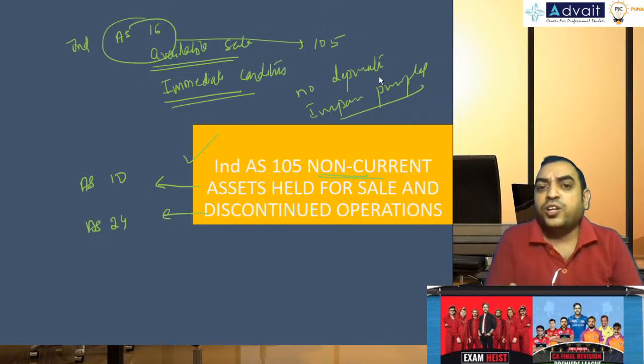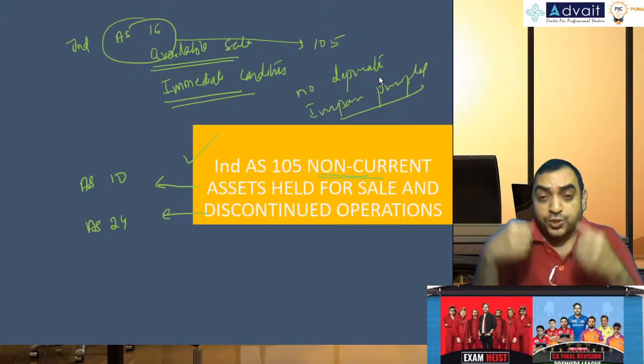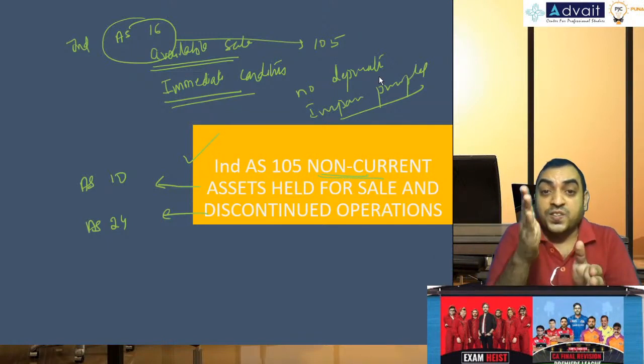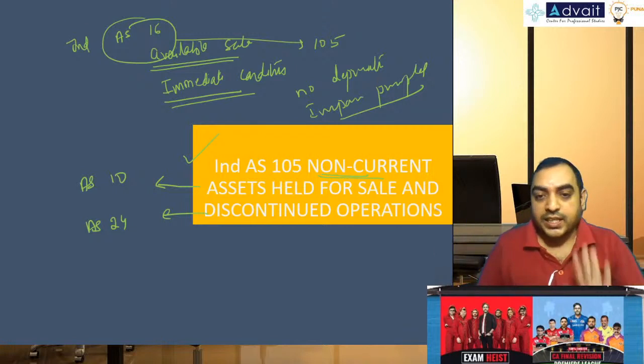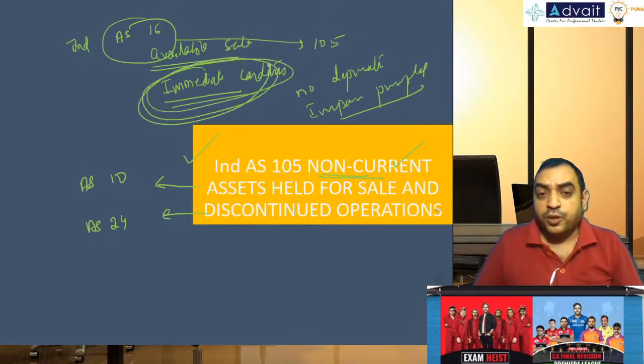The recoverable amount cannot be value in use because you are not intending to use it. It can only be fair value less cost to sell. So once the asset comes to Ind AS 105, depreciation stops, impairment principles continue. That is regarding non-current assets held for sale. The important point is that it is available for sale in immediate condition.